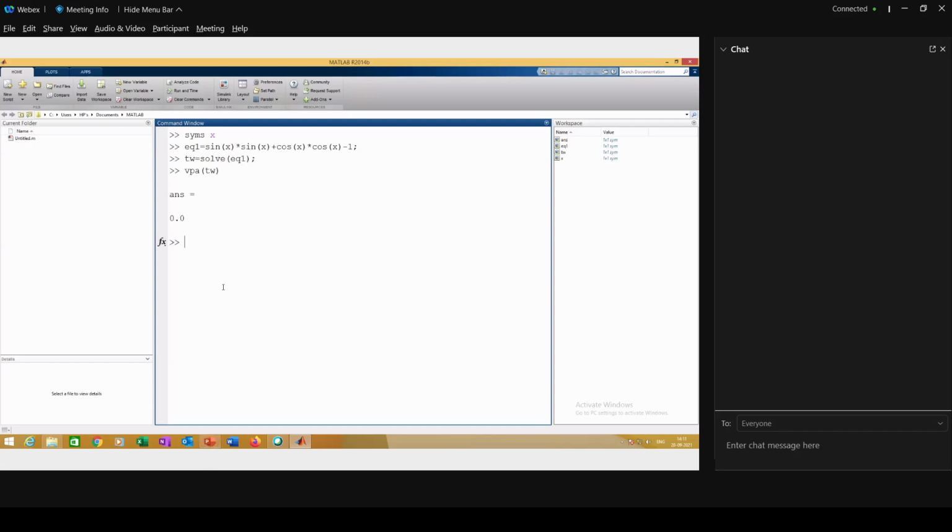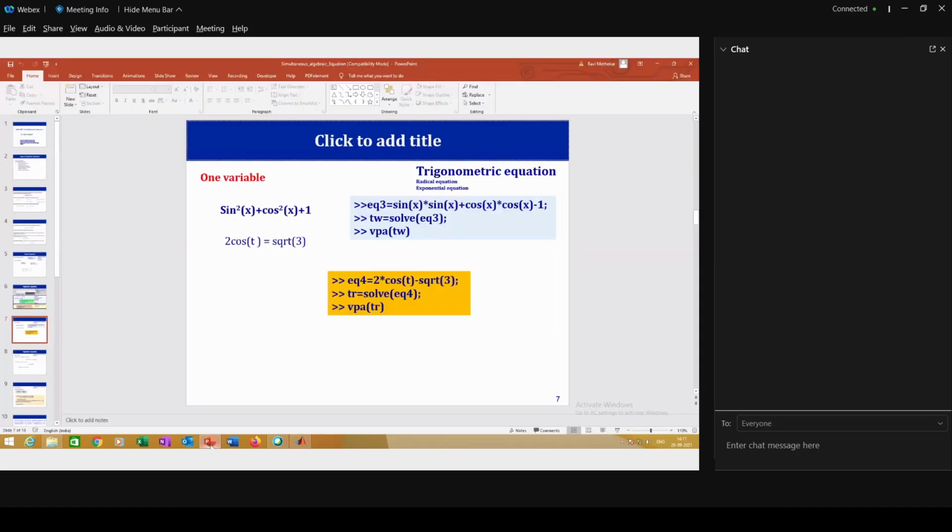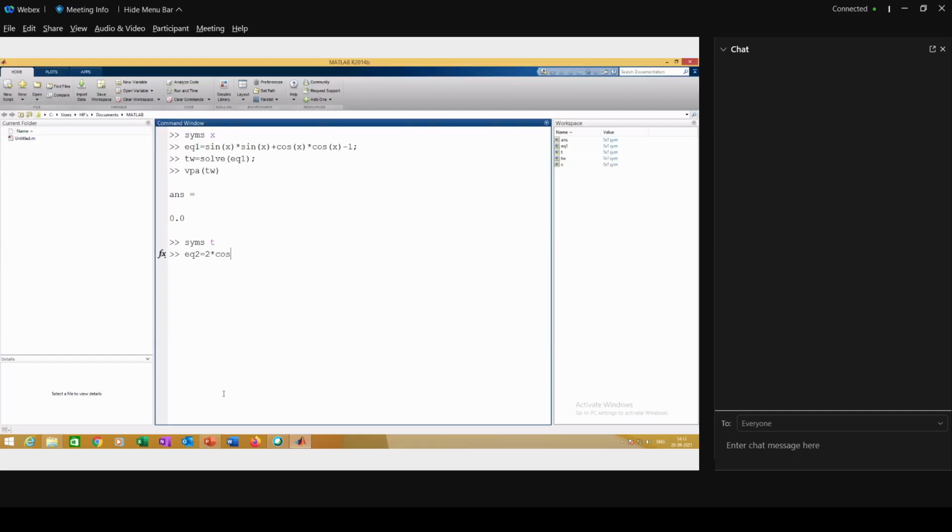So this is the way I can solve any trigonometric equation, for example 2 cos of t minus square root of 3. I can solve this also by defining t as a symbolic variable, and then I can write equation 2 as 2 into cos of t minus square root of 3, sqrt of 3.